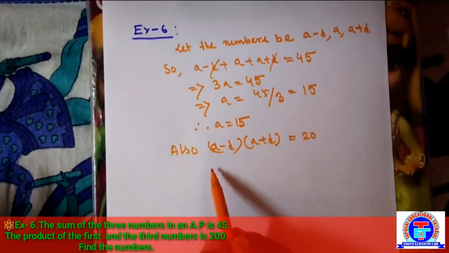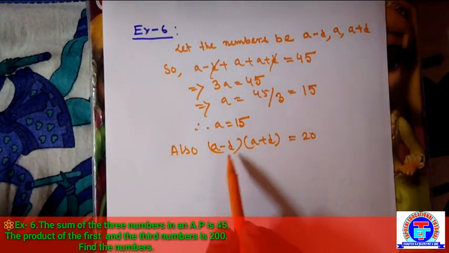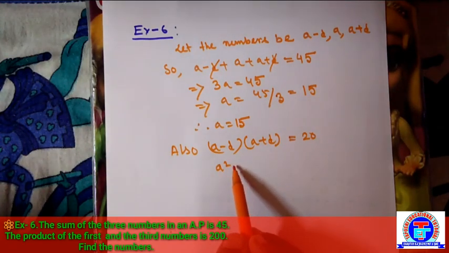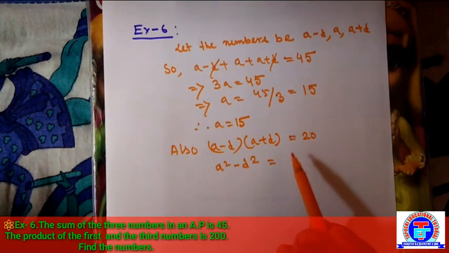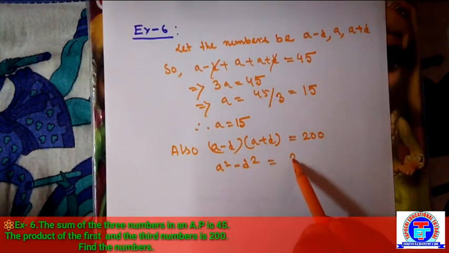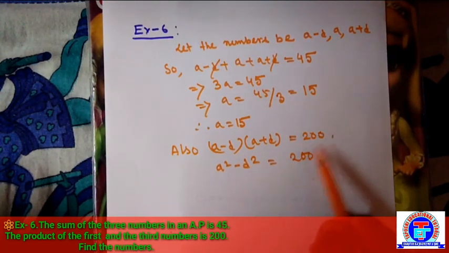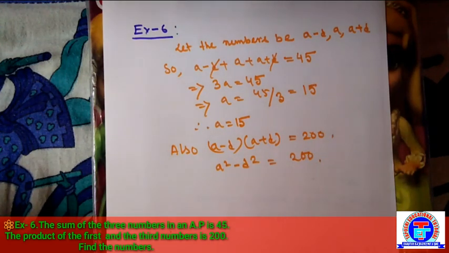Now it is the formula, so this will become A square minus D square is equal to 200, right? This is given in the math.